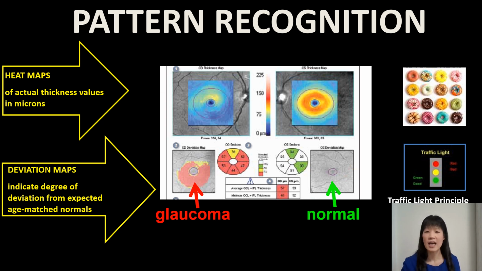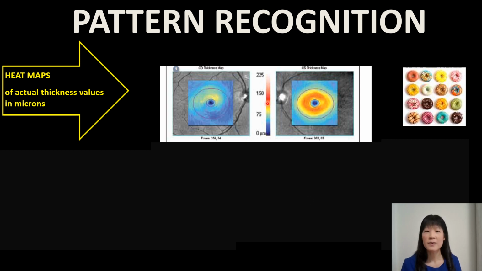To dissect the anatomy of this printout, let's focus on the top row. A heat map maps the thickness of the tissue we're measuring. Here you can see the OD thickness map and the OS thickness map, the right eye and the left eye. The macula usually also looks like a donut normally, a sort of yellow-orange donut.